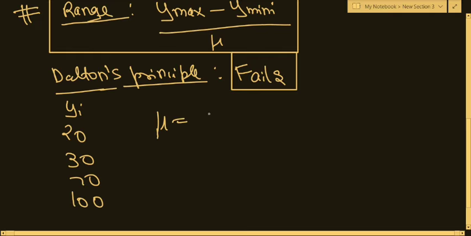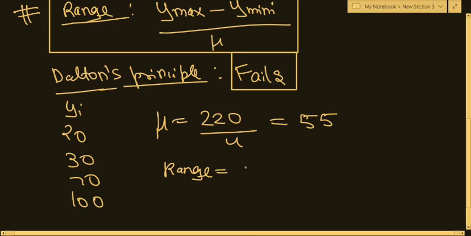That would come out to be 20 plus 30, 50, plus 70, 120, plus 100, 220, divided by 4. This would come out to be 55 if I'm not wrong. And our range would come out to be 100 minus 20, 80, upon 55. 80 upon 55 comes out to be 1.45.